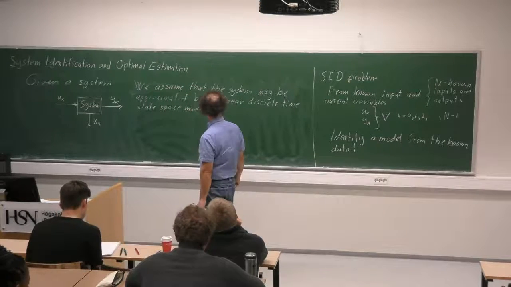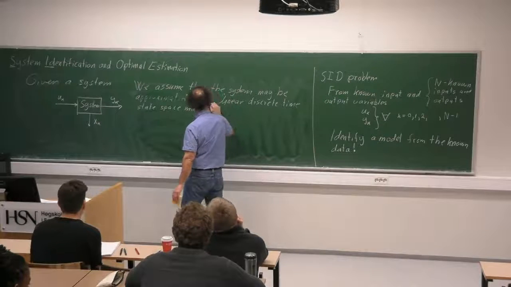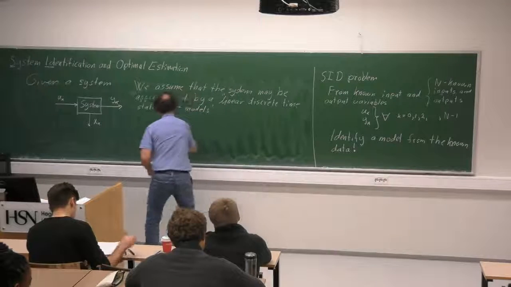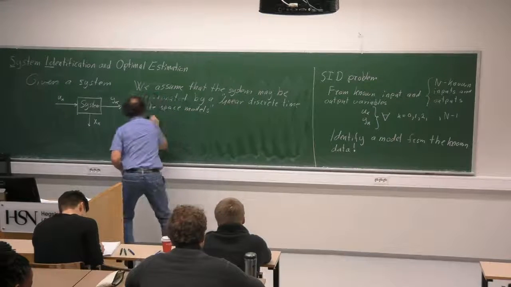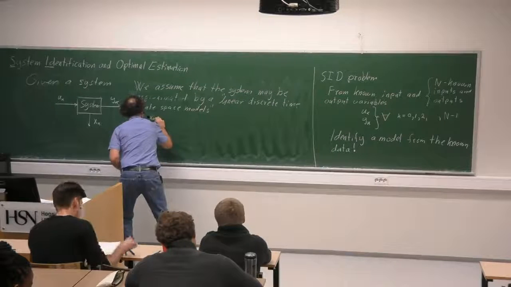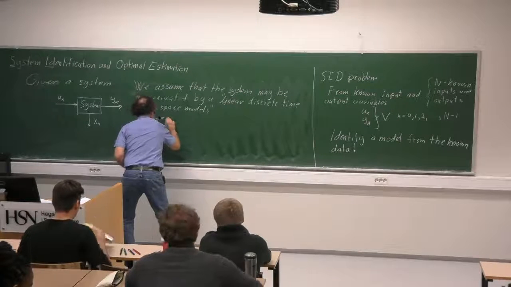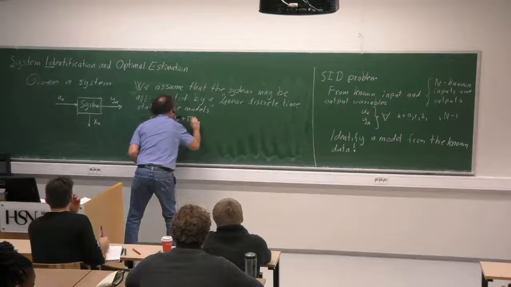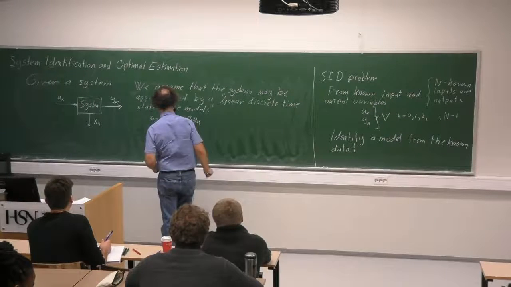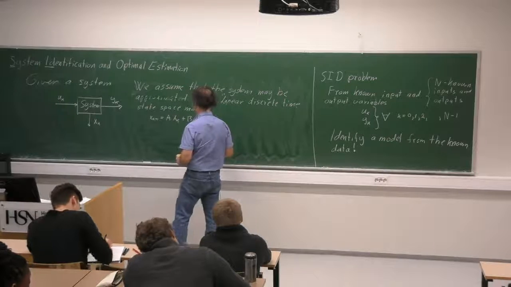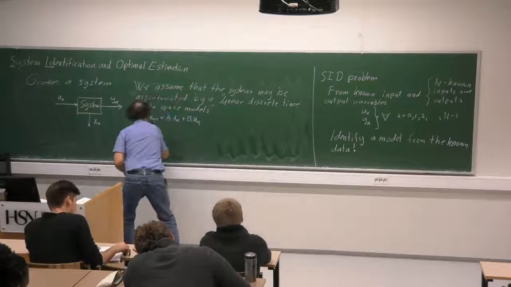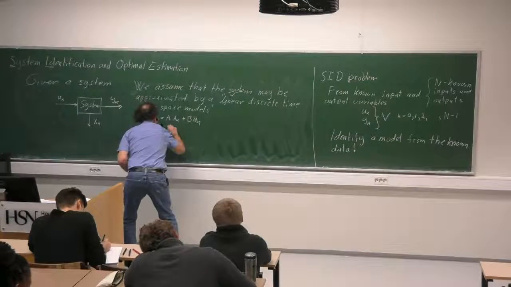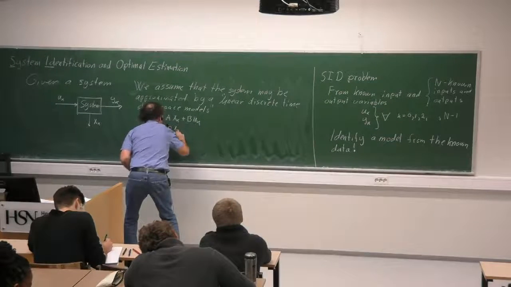And in linear state space discrete time models, this system may be approximated with a state equation x at time k plus 1 equal to A x_k plus B u_k, like this. And there is an output equation where the output vector is D x_k.